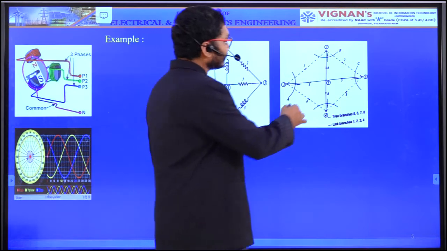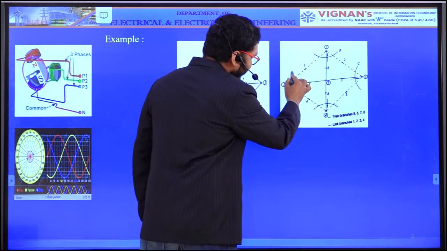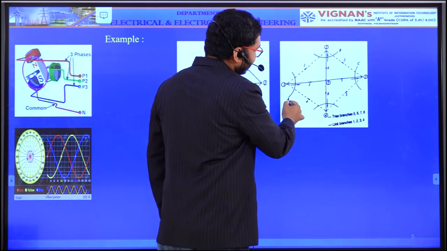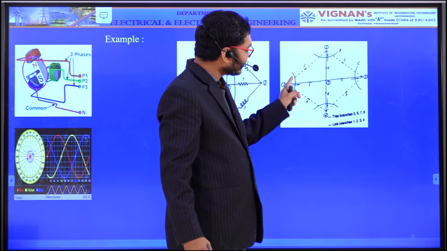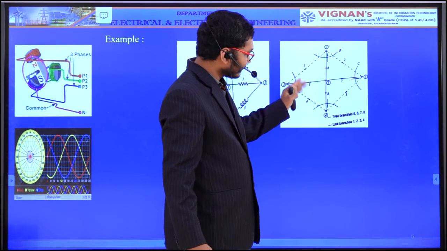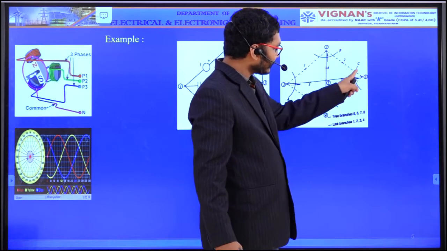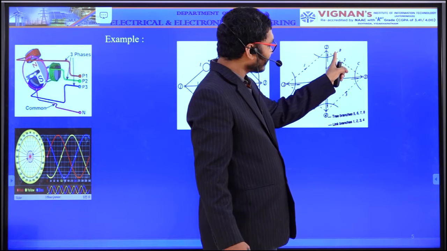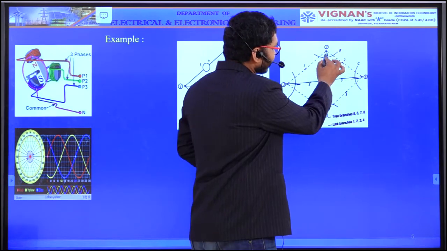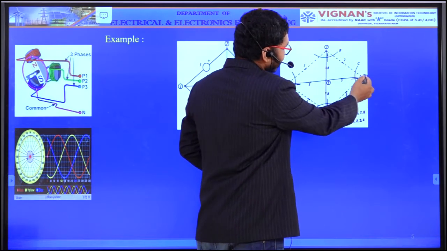So this is the graph. These are the links. Suppose you are cutting here, only one tree branch, the remaining are links, so this is a basic cut set. This is also a basic cut set because only one branch. Only one tree branch is 6, in this case 5, in this case 8, in this case 7.